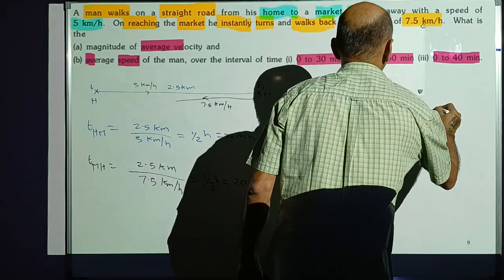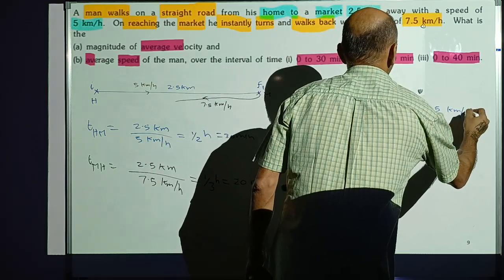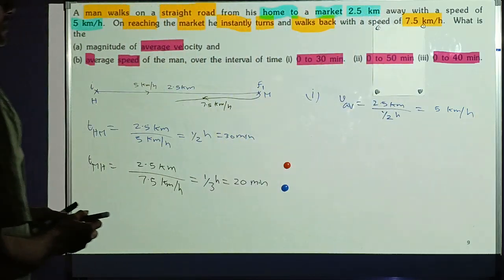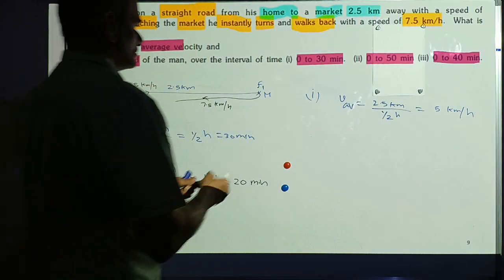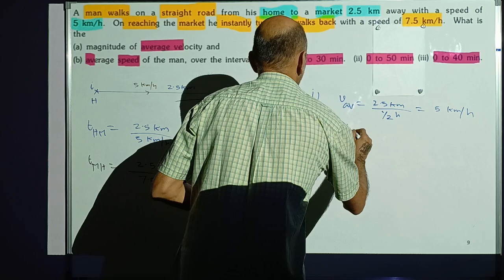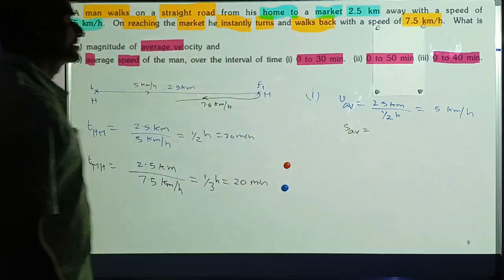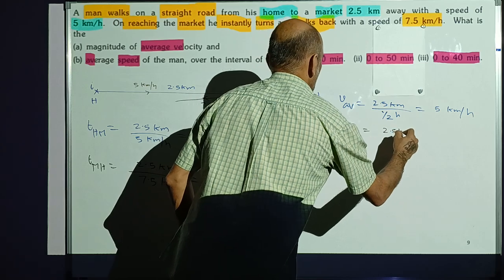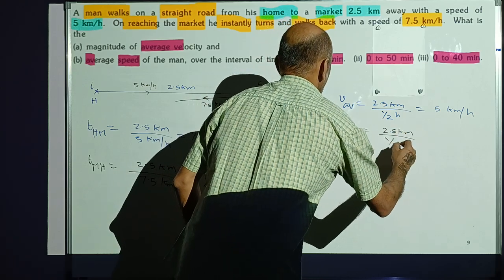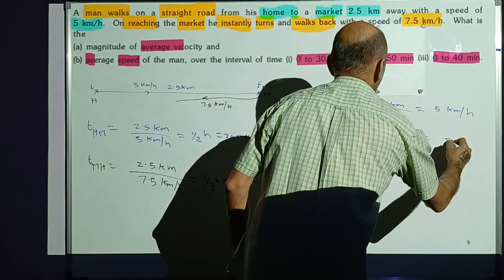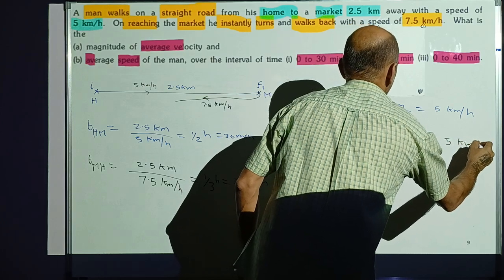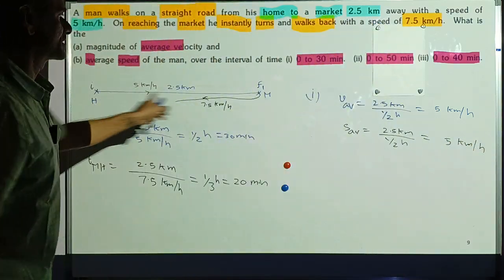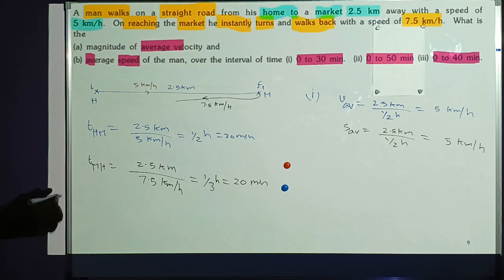So it's 5 kilometers per hour. And average speed is the distance covered, which is 2.5 kilometers, and the time is the same, so it is 5 kilometers per hour. For the first part of the motion, the straight motion, there is no turning back, so average speed and velocity are the same, which is 5.